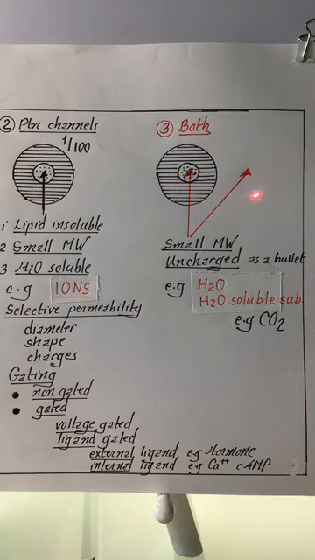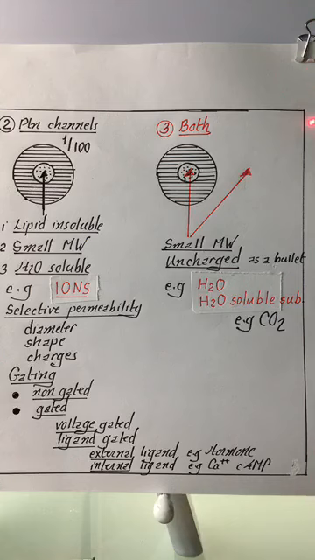So these molecules must be uncharged. Otherwise, if they are charged, they may face in the cell membrane some charges of their type to cause repulsion, to cause decrease in their kinetic energy. Then they will fail to pass through the lipid substance despite the fact they are lipid insoluble.